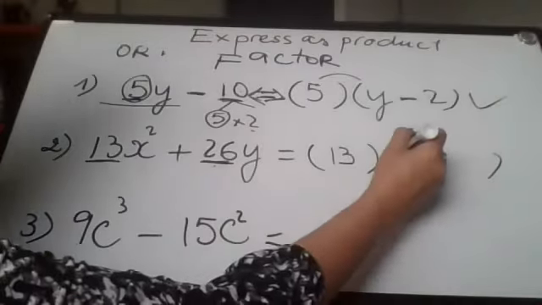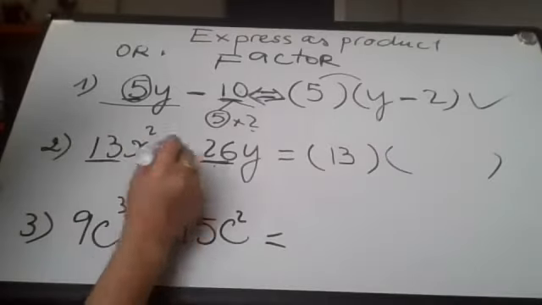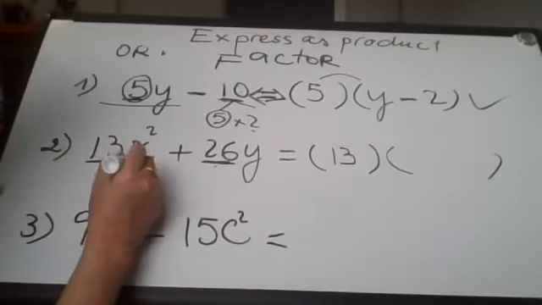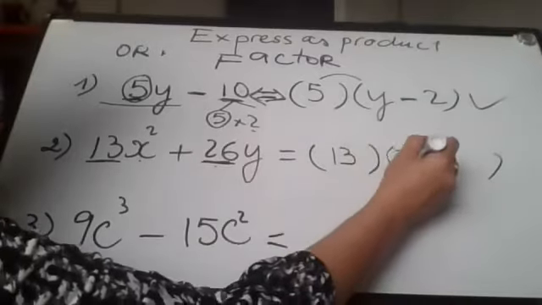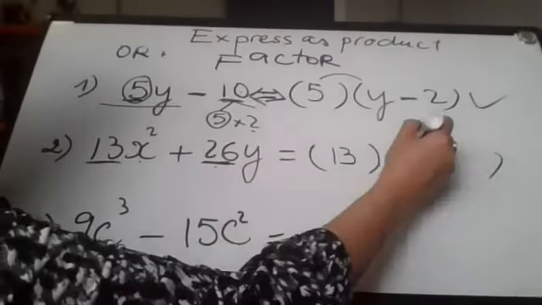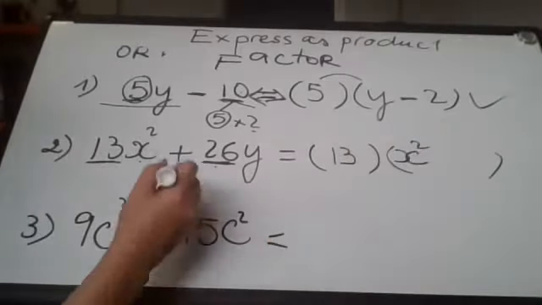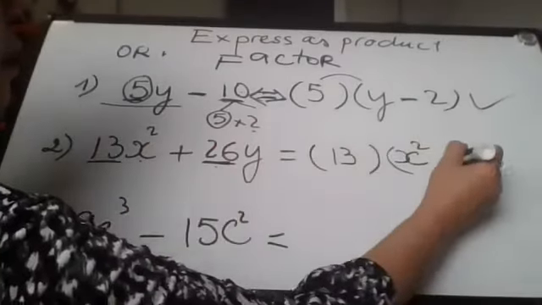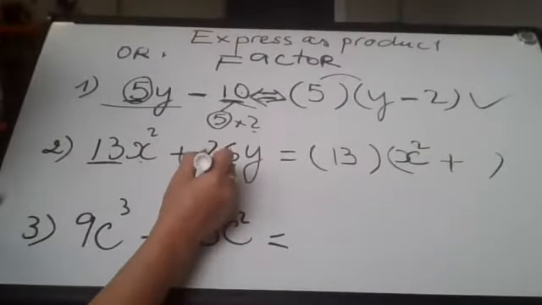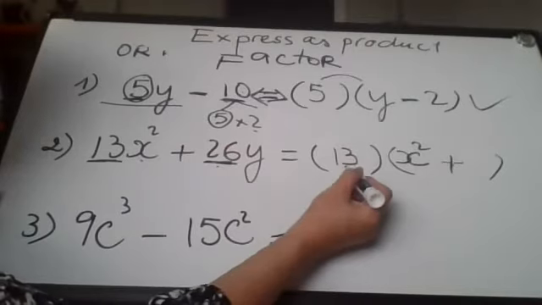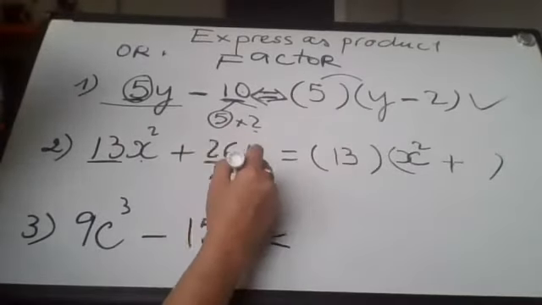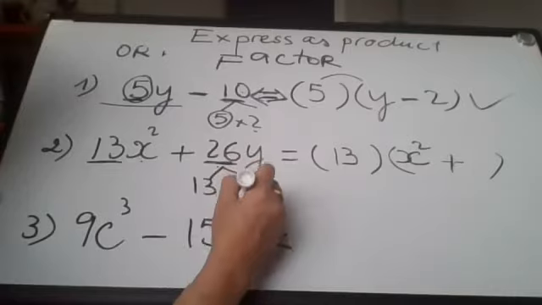So the only thing we can pull out again is just number 13. So what is in here? Of course, 13 times x squared is 13x squared. So we want to get back 13x squared, so x squared. Plus, put down the plus sign. This is 26, but this is only 13, so you have to times it with 2 to get 26.